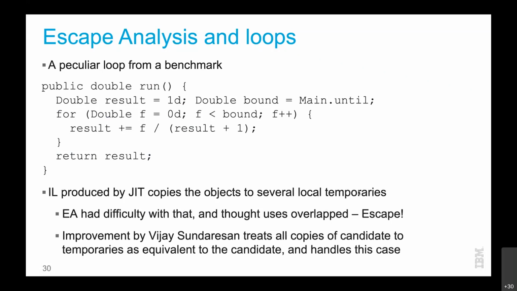But through an improvement that Vijay wrote about 2 years ago now, it goes through and treats all the copies of a candidate that has been made to temporaries as if they were equivalent to the candidate, and going through and processing the value numbers of those things accordingly and the USDEF information accordingly, it's able to detect that, in fact, there's no overlap.